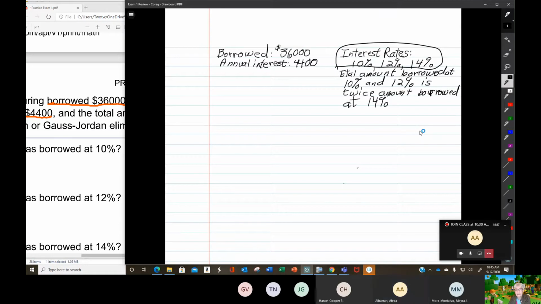So let's look at this. Let's start breaking this down. First, we don't know what those amounts are. We're supposed to find those amounts.